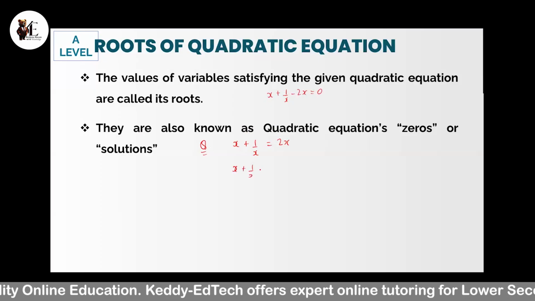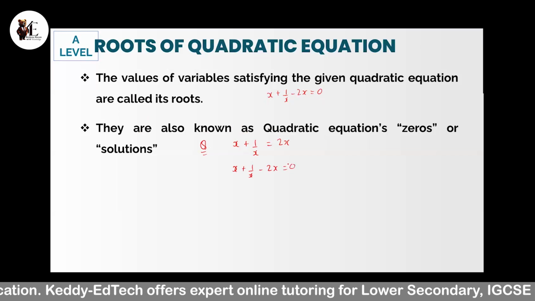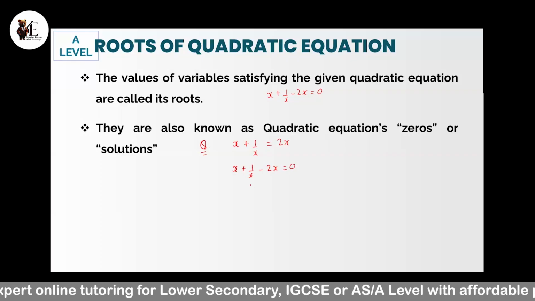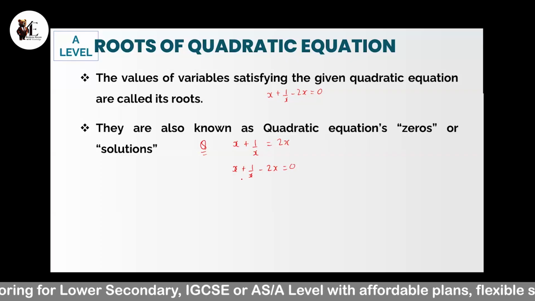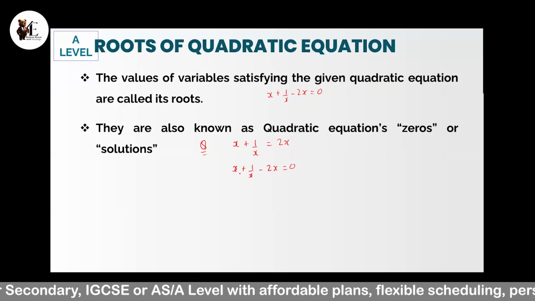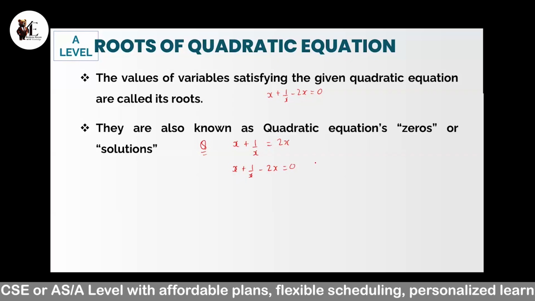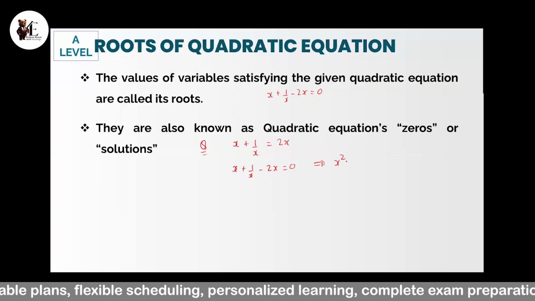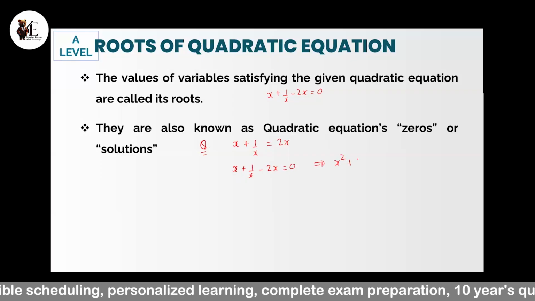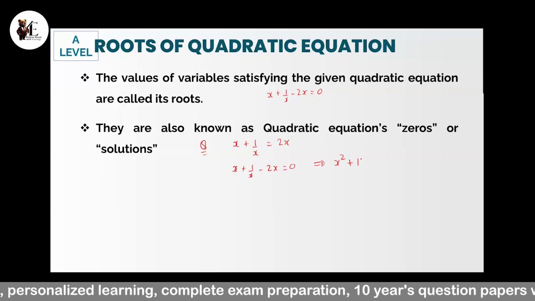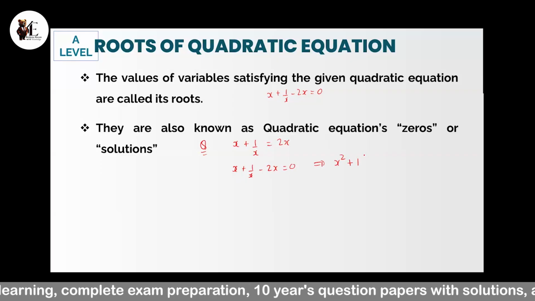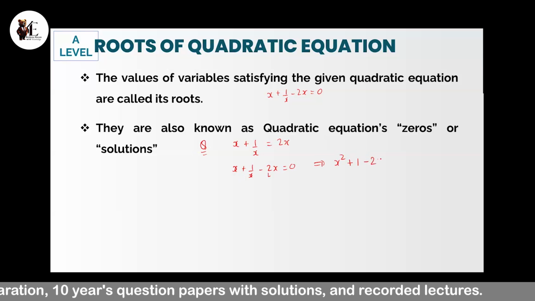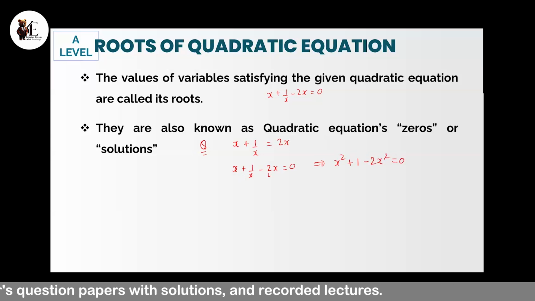That will be the next step. Then you multiply x by everything. x times x is x squared, x times 1 is just 1, and x times negative 2x is negative 2x squared. Equals 0.